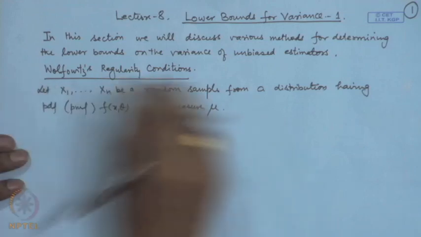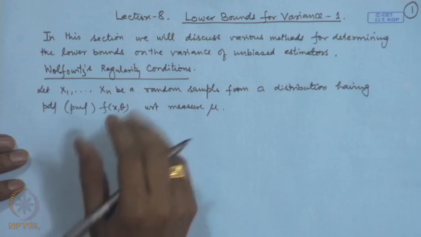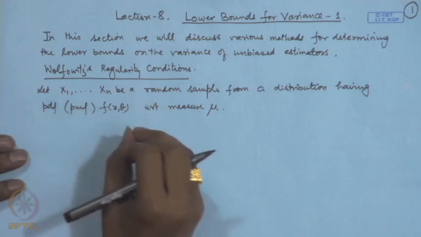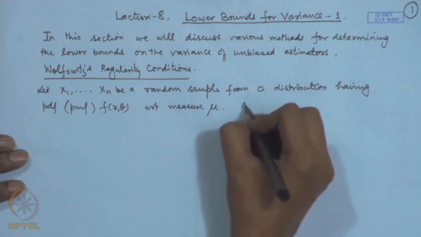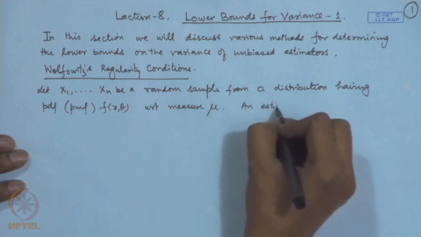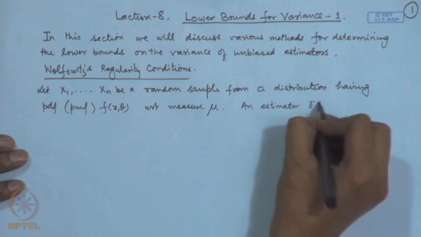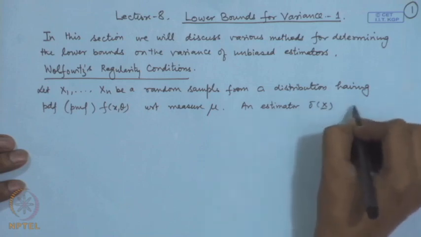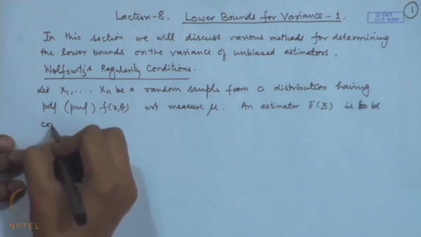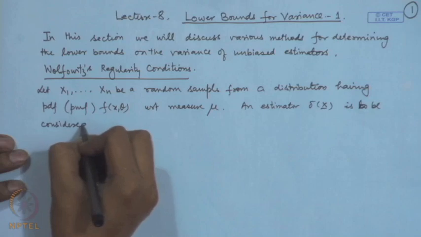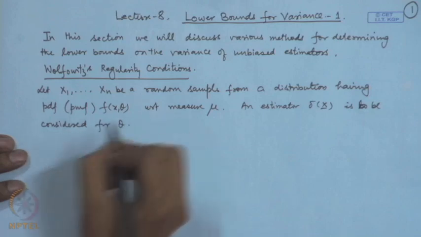So, we assume the usual conditions for the existence of a density function or the mass function, etc. Now, an estimator delta(x) is to be considered for the parameter theta.